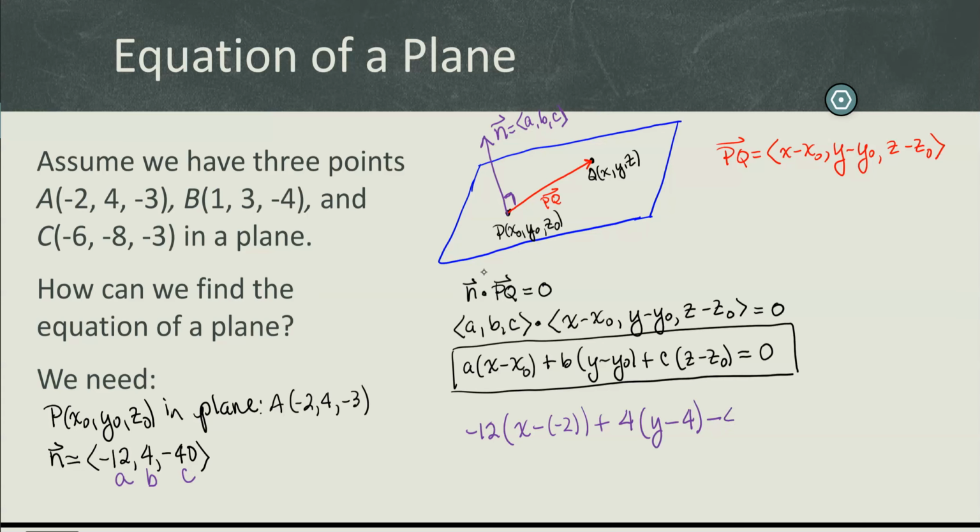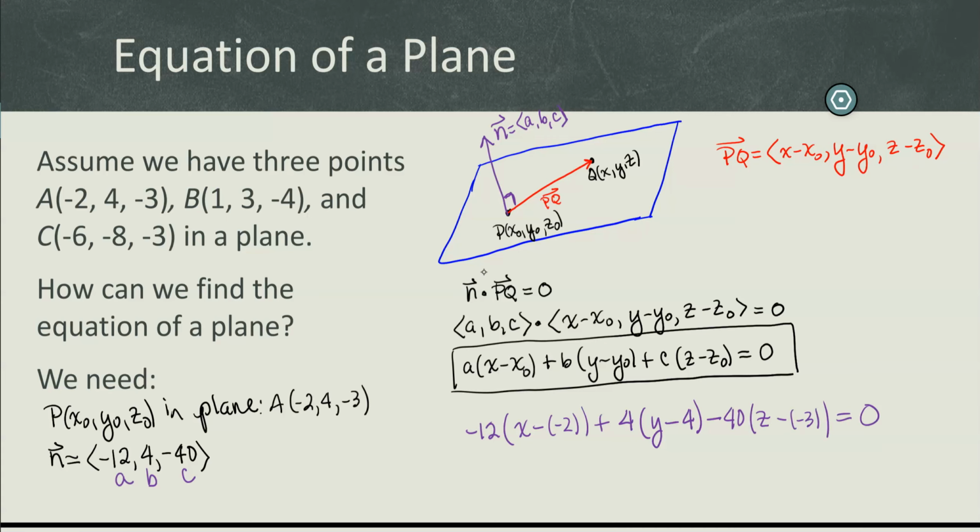So I'm going to write that as -40 times z minus the z coordinate of my point, which is -3. And that must equal 0.